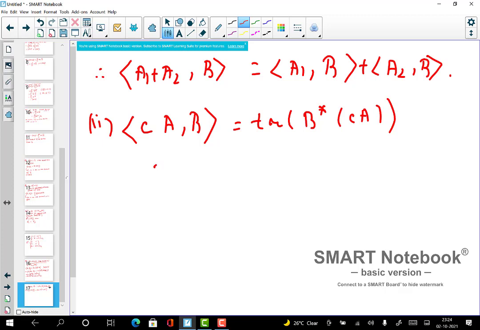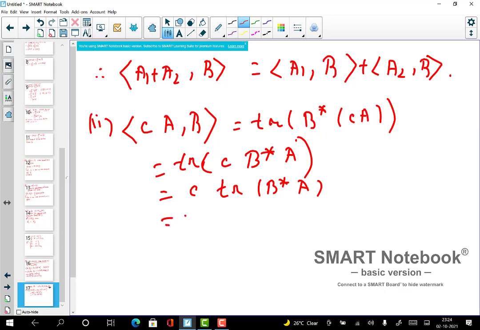So you can write this as C times the trace of B star A, which is nothing but C times the inner product of A and B.